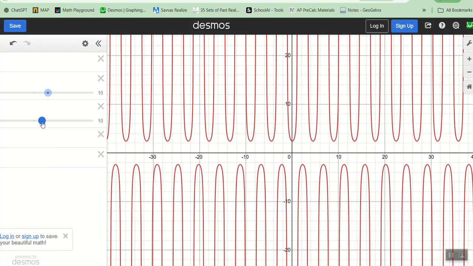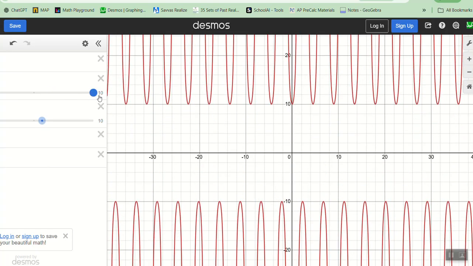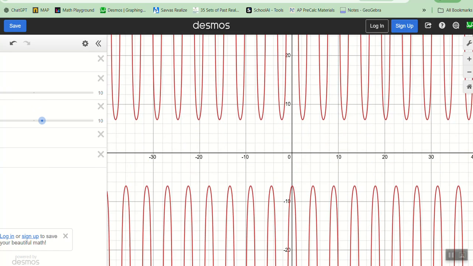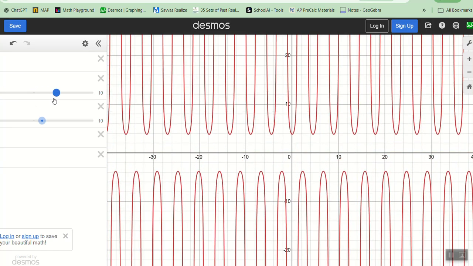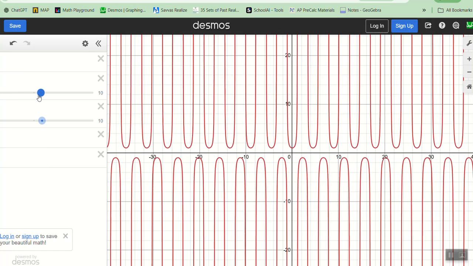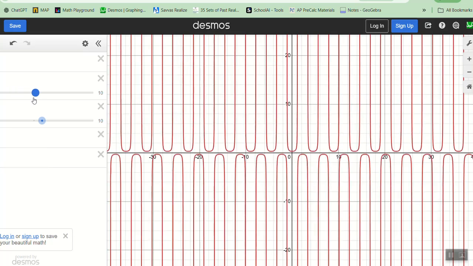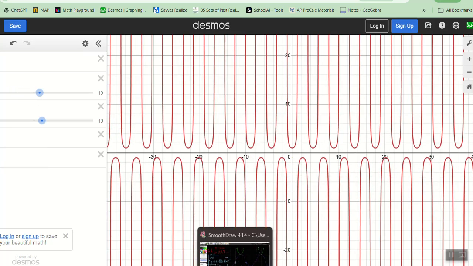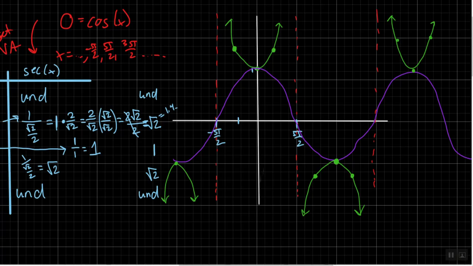A goes up, kind of down, then it flips. Boom. Like that.